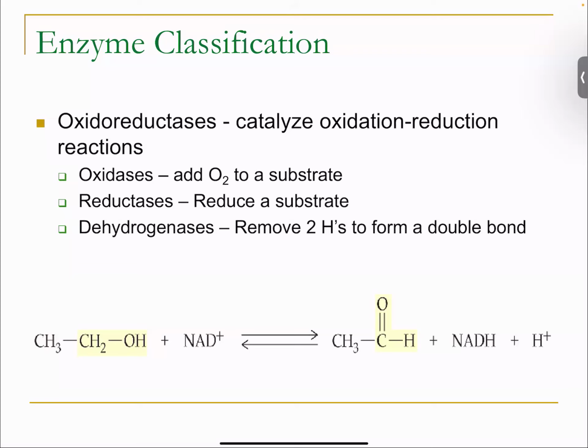The first subclass is an oxidase. When you hear the name of an enzyme and it ends in oxidase, it means that it added oxygen to cause oxidation. If you hear reductase at the end of an enzyme name, it means that it added hydrogen, typically, to reduce the substrate.